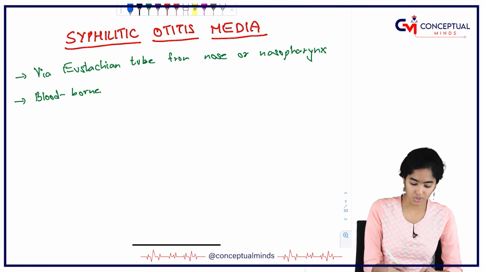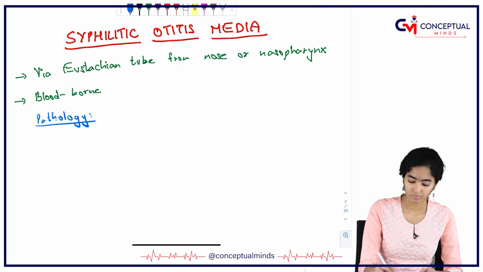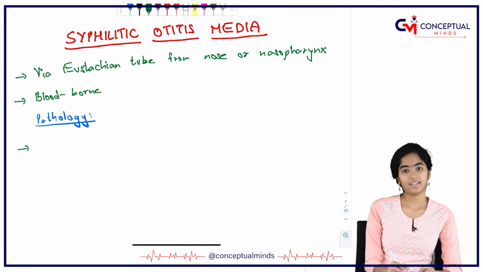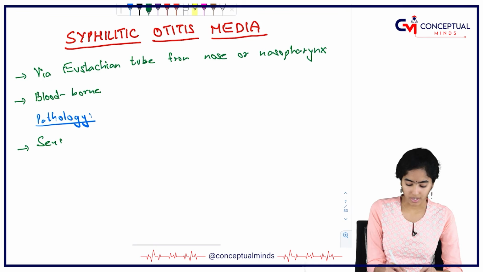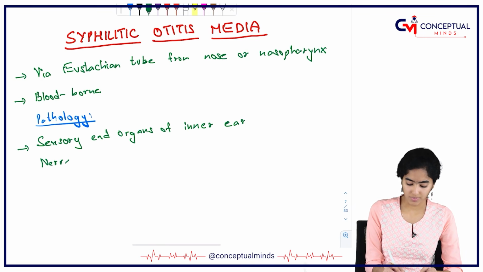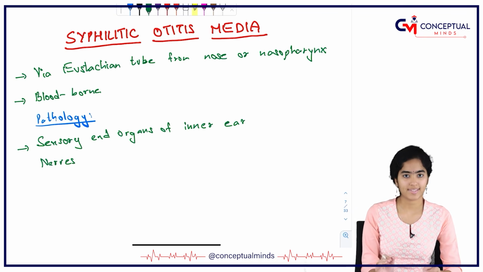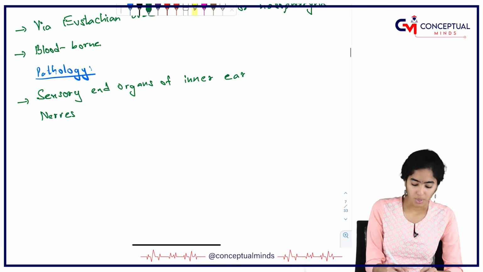If you look at the pathophysiology of syphilitic otitis media, the sensory end organs of the inner ear and also the nerves are affected, and they are gradually invaded. It's a slow and insidious process, but it leads to profound hearing loss.